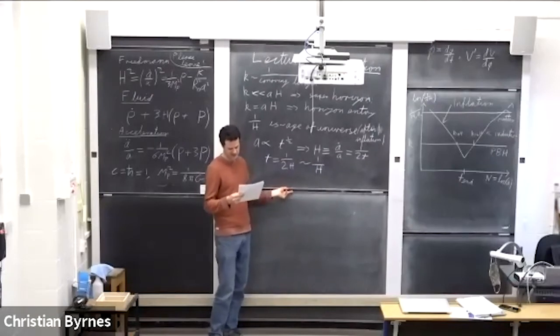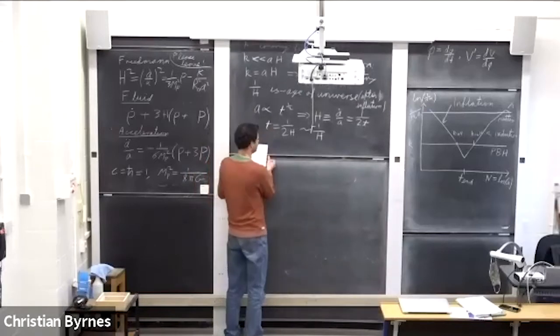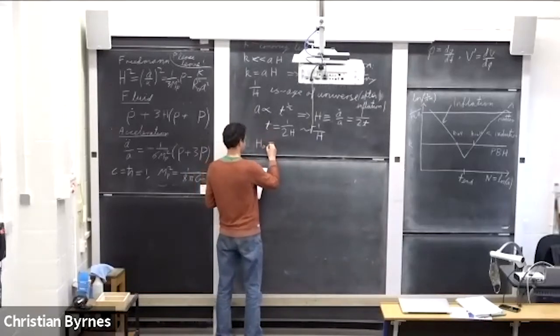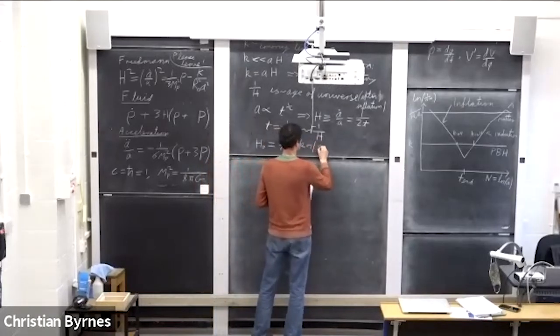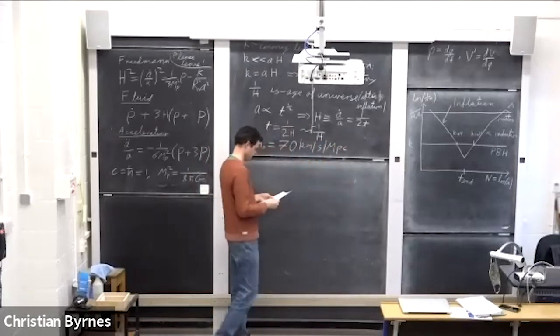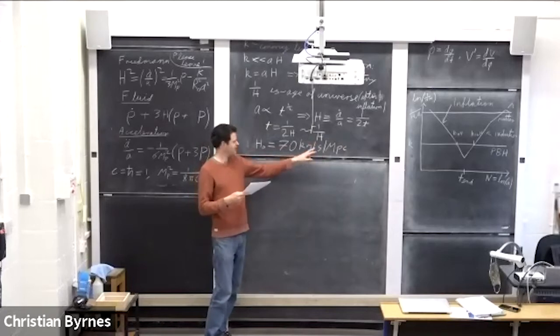And in fact, there's a nice little exercise to put in today's value. I won't do it, but H naught is 70 kilometers per second per megaparsec. So you put in that a megaparsec is about 10 to the 19 kilometers.